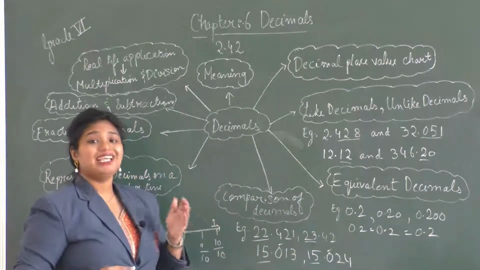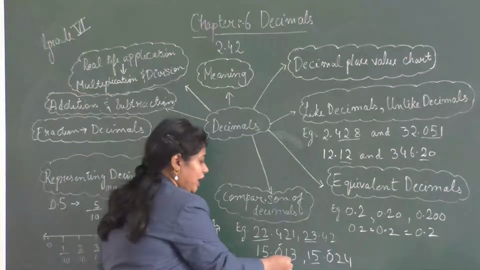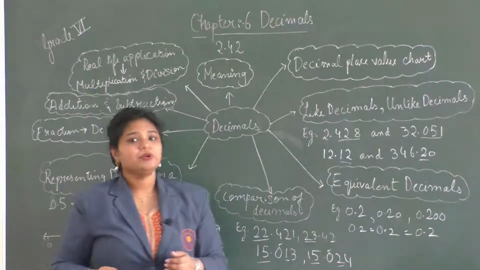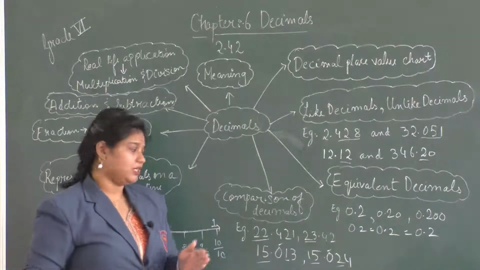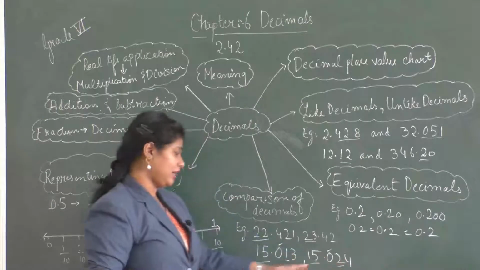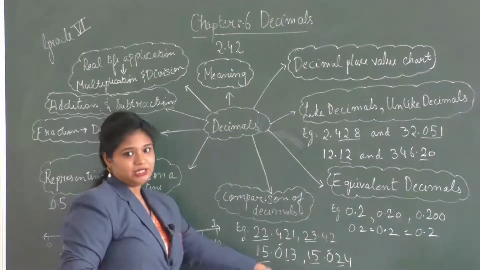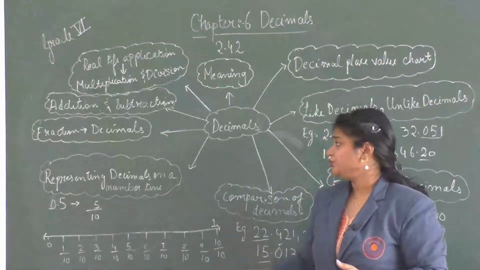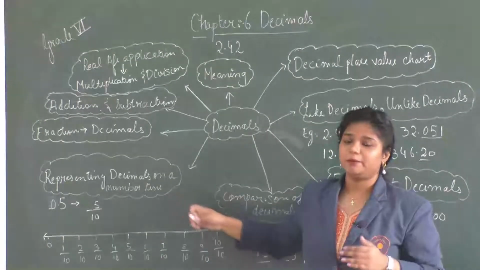Further we will move to the 100th place. Here we have 1 and in the second number we have 2. We know that 2 is greater than 1. So that means 15.024 is greater than 15.013.